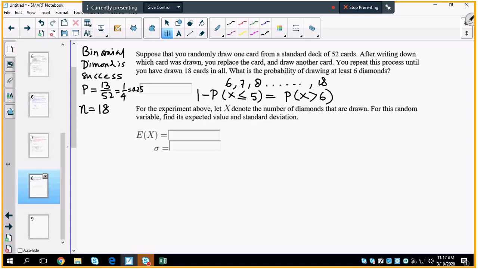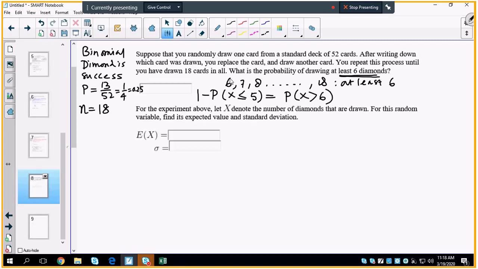Let's try to understand this statement one more time. I want the probability of at least 6 diamonds. What is at least 6 diamonds? At least 6 means you can have 6, 7, 8, 9, 10, 11, 12, 13, 14, 15, 16, 17, 18, any one of them. Should I find all these probabilities separately? Of course you can, but it will take you so much time.